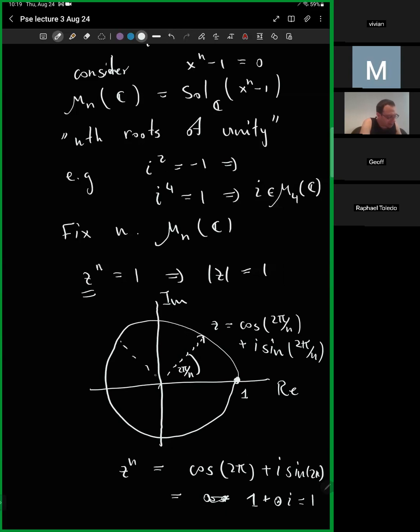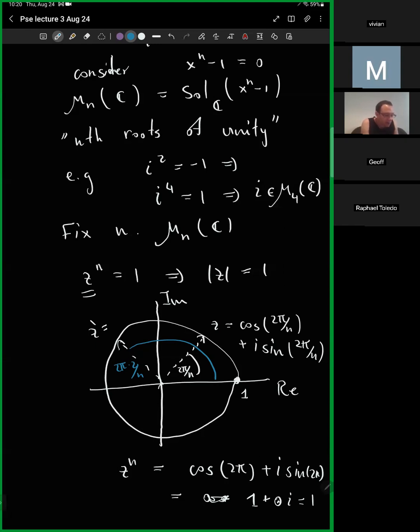In fact, I can also do a similar thing by taking z prime, for example, with the angle 2 pi times 2 divided by n. When I raise z prime to the nth power, I also get a multiple of 2 pi.